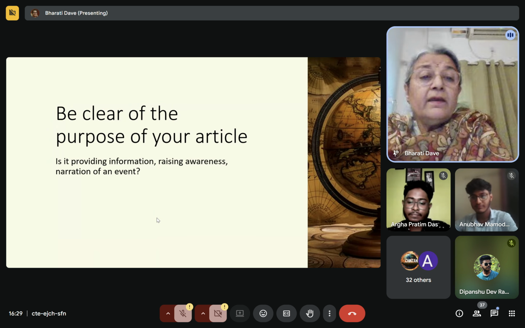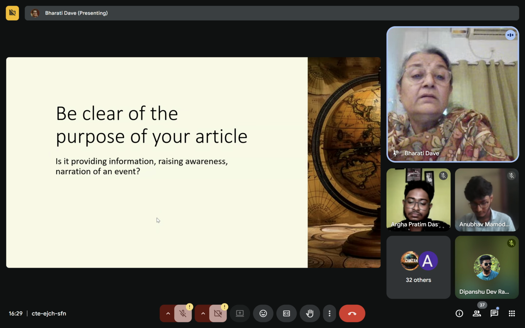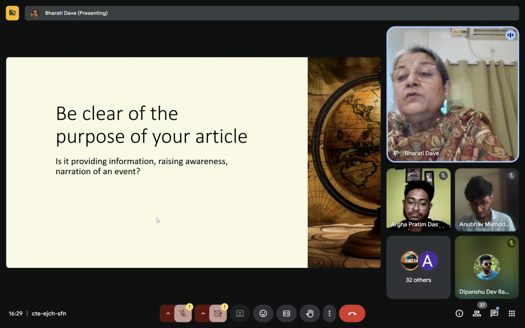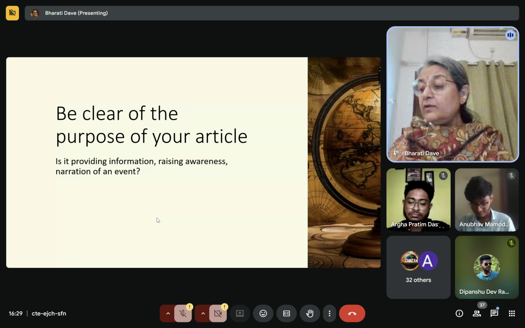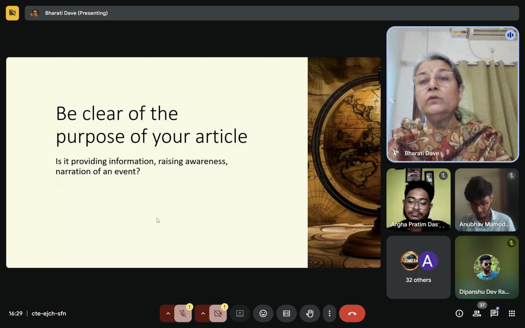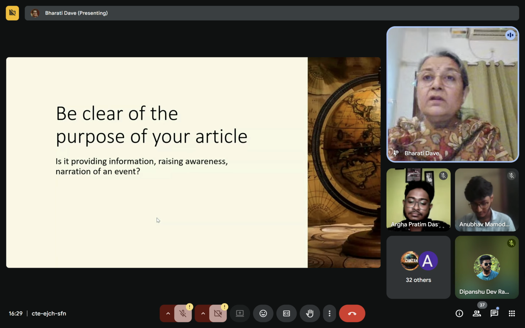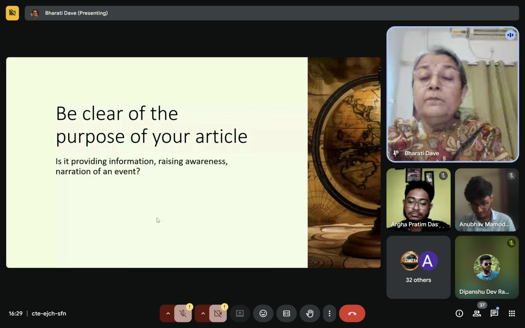Again, another prerequisite: be clear of the purpose of your article. What is the purpose of your article? Are you trying to provide information, or are you trying to raise the awareness among people? जैसे आपका आर्टिकल हो गया कि प्लास्टिक नहीं यूज करना चाहिए, या प्लास्टिक की क्या हानियां हैं, and what are the, how bad it is for the environment. So, and how much plastic is being used.